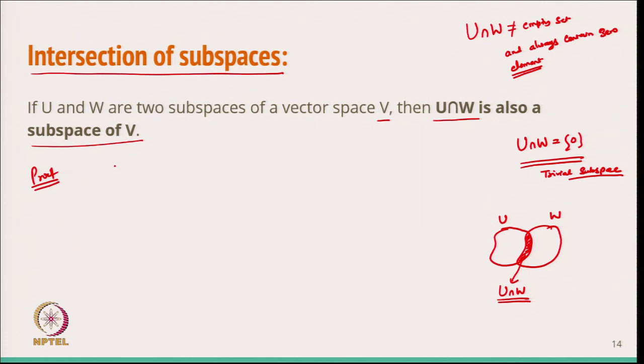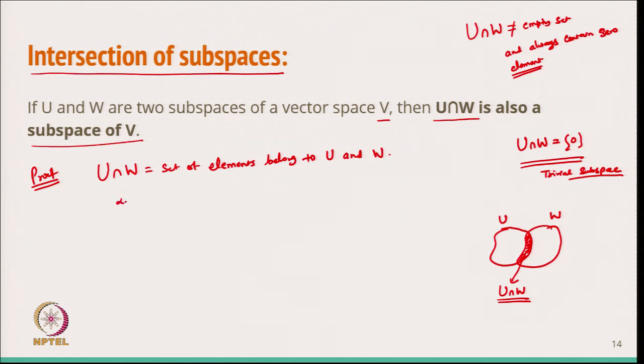Now, these are the two subspaces. So, I will define U intersection W: it is the set of elements belonging to both U and W. Okay.